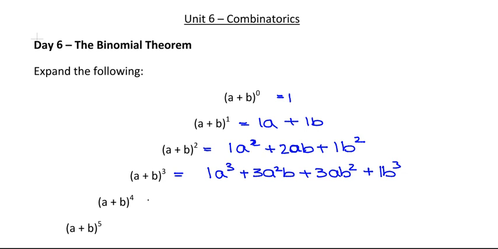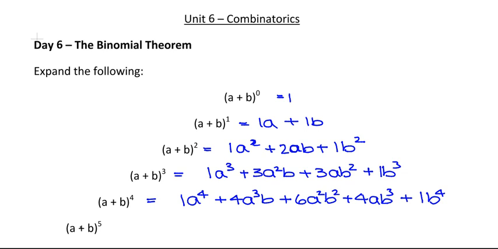Next, I have 1a to the power of 4 plus 4a cubed b plus 6a squared b squared plus 4ab cubed plus 1b to the 4th.